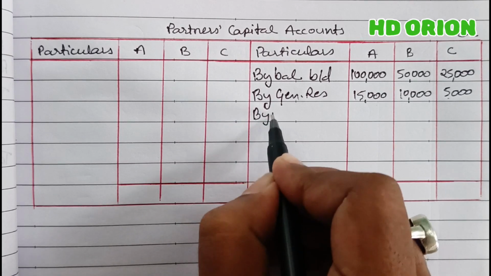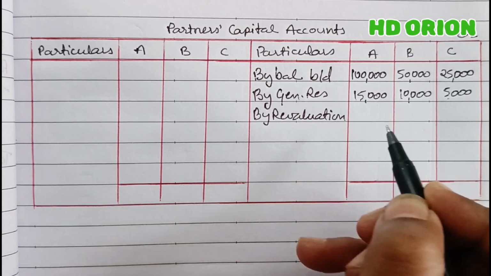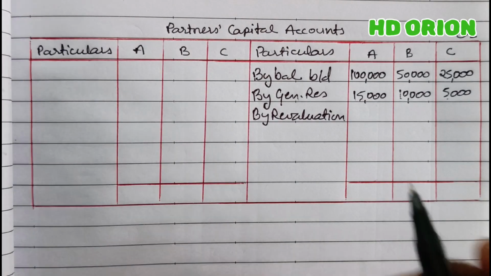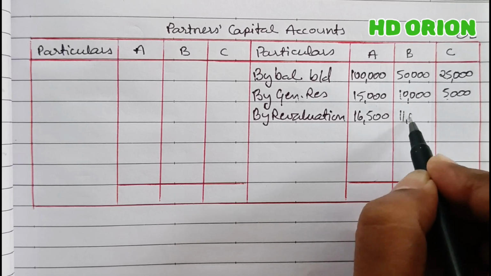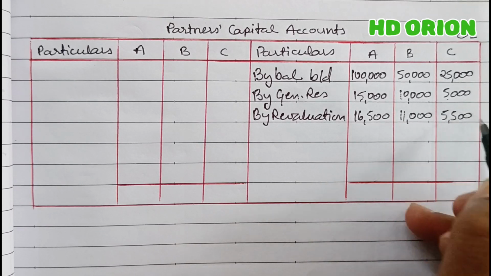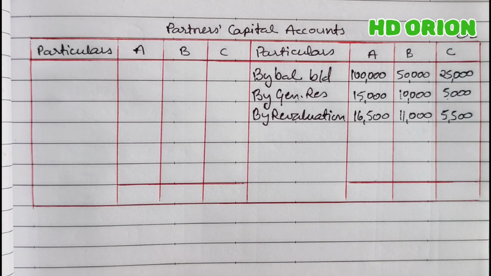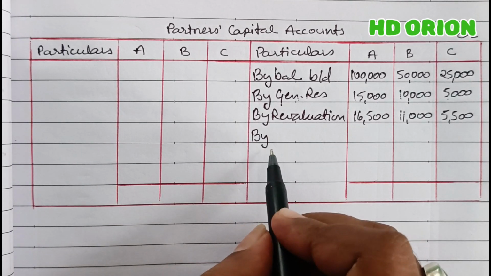Then profit on revaluation: ₹16,500, 11,000 and ₹5,500. Now we will make treatment for goodwill, in which A has sacrificed. So A will be receiving the amount.